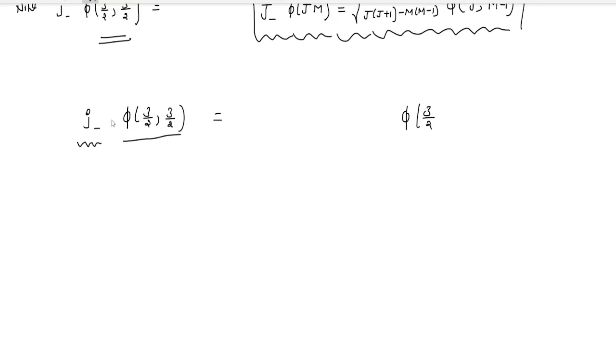J minus is there. So this is J, this is M, right? Only the M state will decrease by 1. So 3 divided by 2 minus 1. So root of J into J plus 1 minus M into M plus 1.